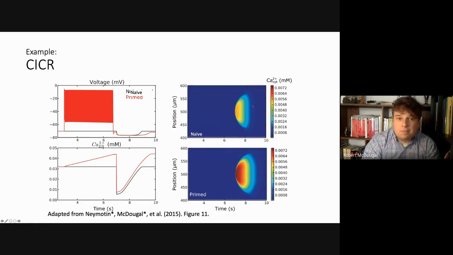Here, time is on the x-axis, position is on the y-axis, and I'm seeing elevated calcium just kind of spreads. But if the cell had been firing a bunch before, that meant that the calcium in the cytosol built up, which meant that the ER was able to sequester it, which meant that the calcium in the ER built up.